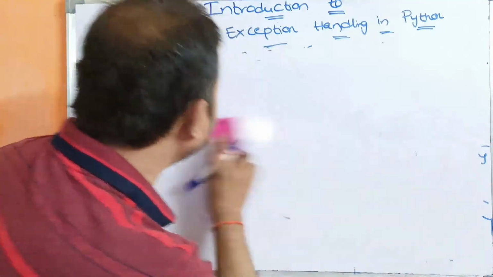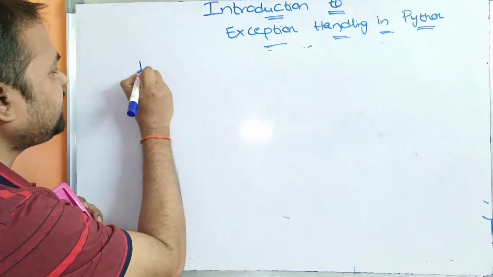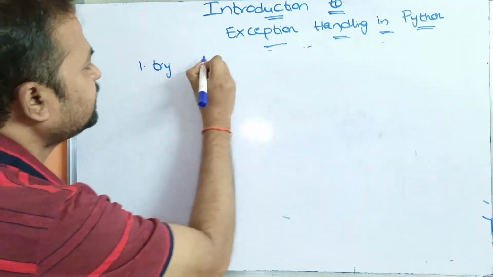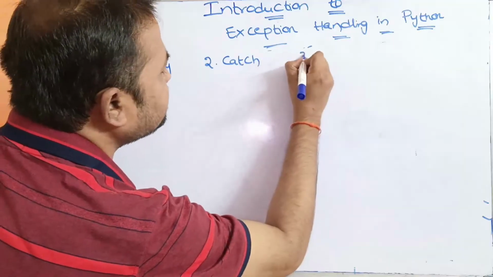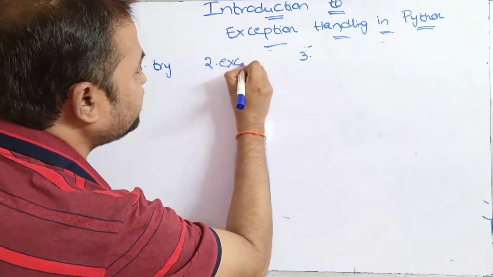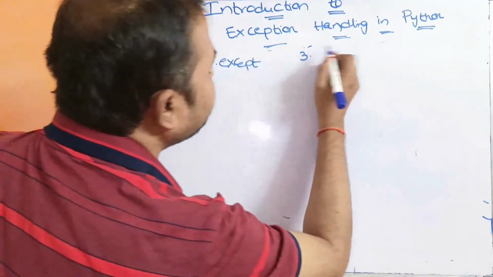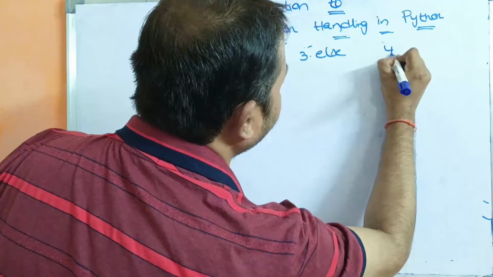We can handle exceptions mainly by using four keywords. The first keyword is try, the second one is except, the third one is else, and the fourth one is finally.